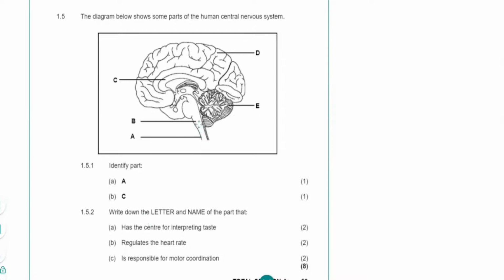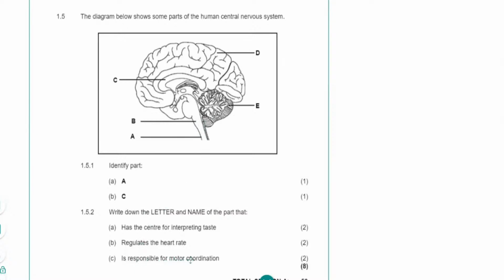So the answer is going to be B, which is medulla oblongata, because it's next to the spinal cord.